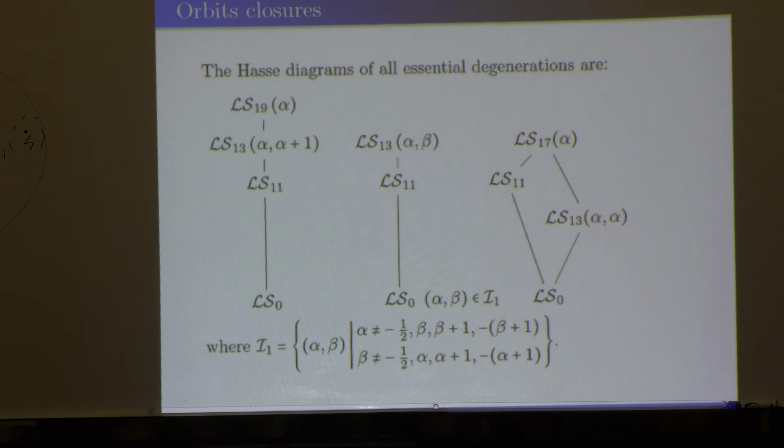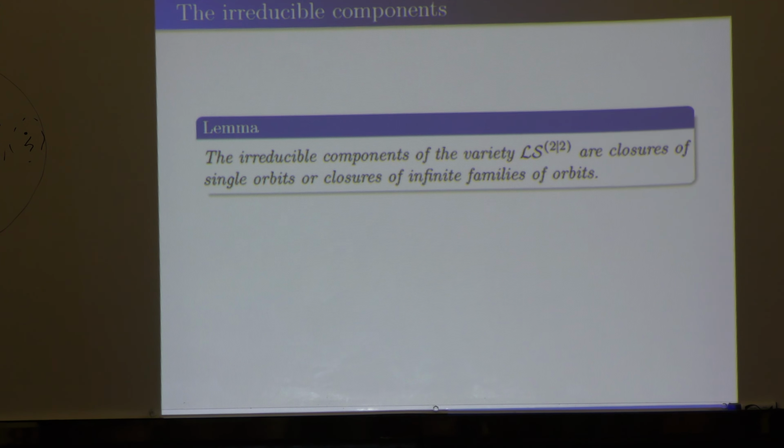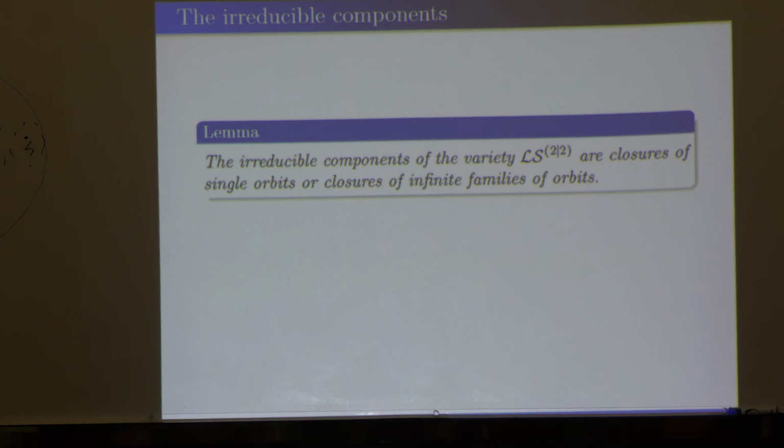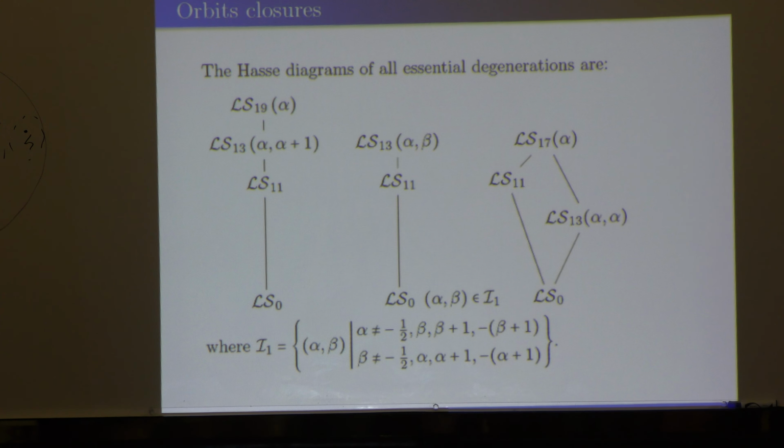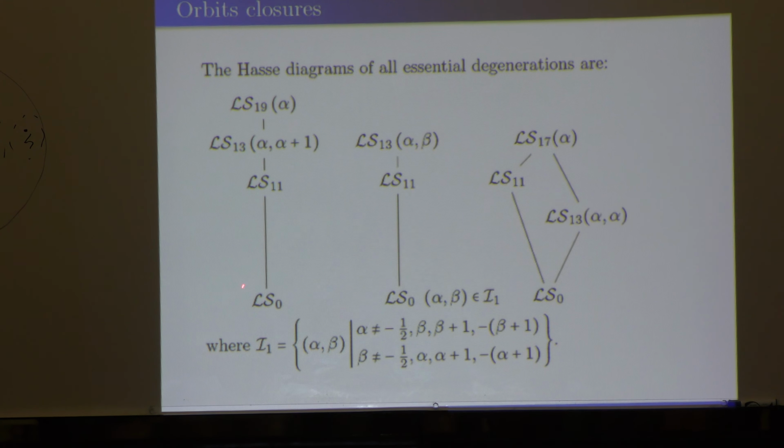So there are many branches. From here you can see the orbit closure. If we read, the orbit closure of 19 alpha is given by the orbit of 19 alpha, the orbit of 13 alpha plus 1, the orbit of 11, and the orbit of 0. So from this diagram, you read the orbit closures.